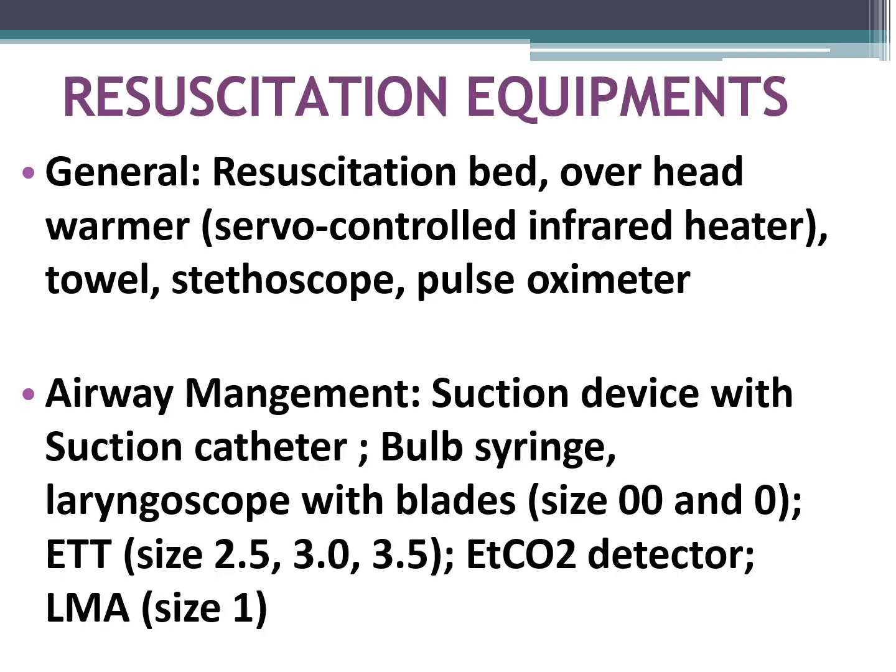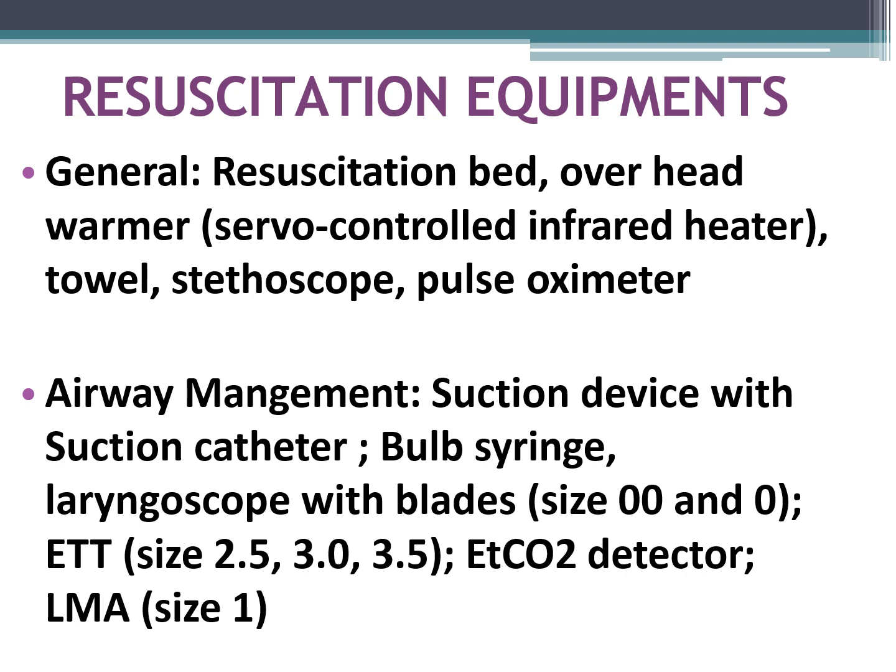The resuscitation equipment includes general equipment first. It includes a resuscitation bed, overhead warmer, towel, stethoscope, and pulse oximeter. All these are things we need to have in the setting.